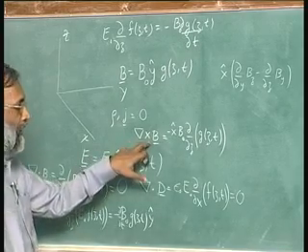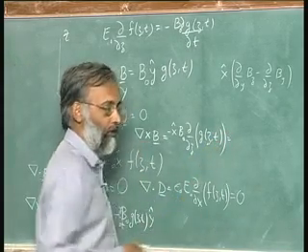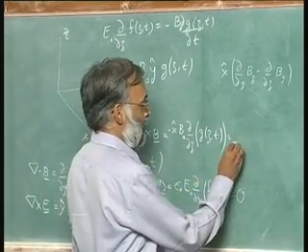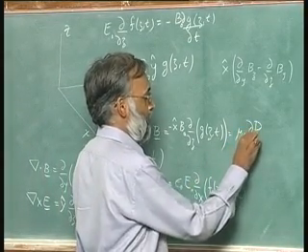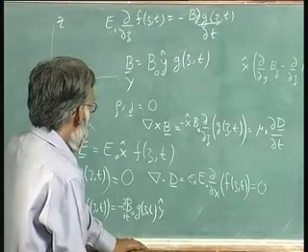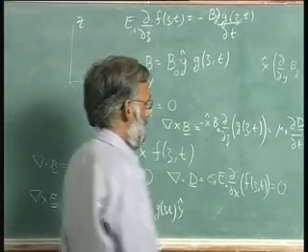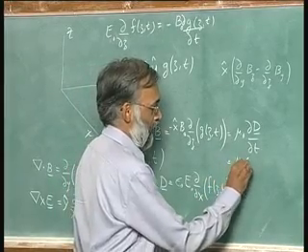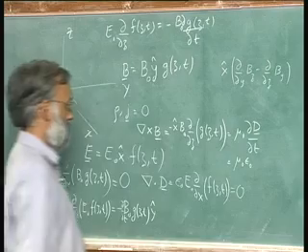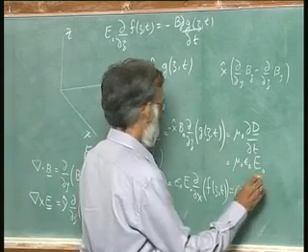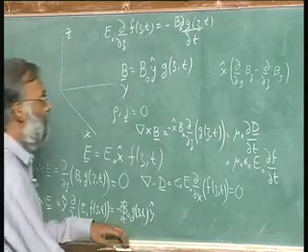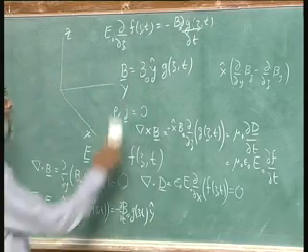This curl of B is equal to mu naught j, but there is no j, and it is also equal to mu naught del D/del t. D is nothing but epsilon E. So, it is mu naught epsilon naught times del/del t of electric field, E naught del f/del t. So, let us write down that equation as well.